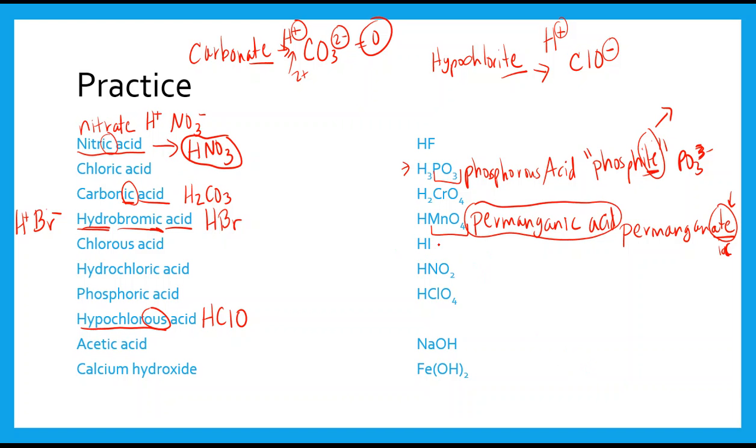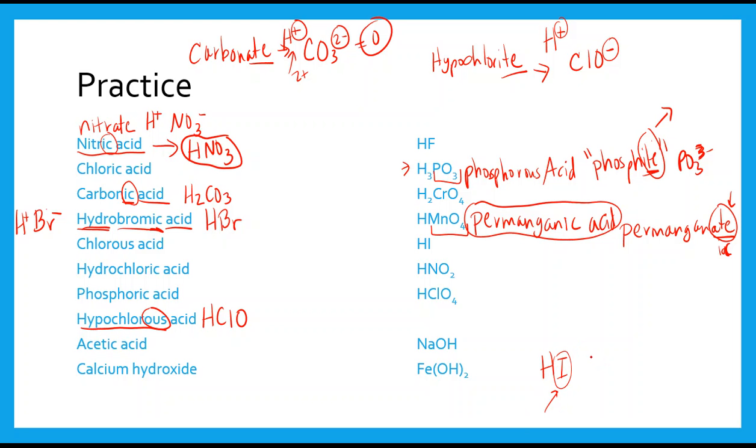HI is always my favorite. Here, I'm going to do it over here, though. HI. Hello. What does this tell me? What does I tell me? What are we dealing with here? Ite, ate, or ide? It's an ide. Good.